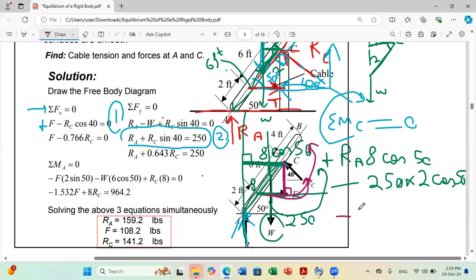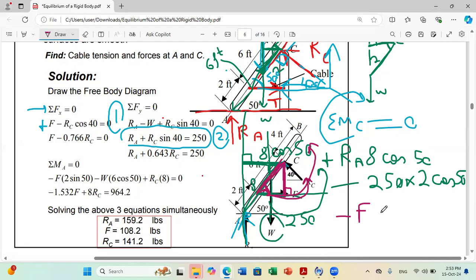So it's a negative moment: minus F times this distance. To calculate it, you consider the distance between these 2 points, which is 6, times sine of this angle, because this side is opposing the angle of 50 degrees. So this distance is 6 sine 50.